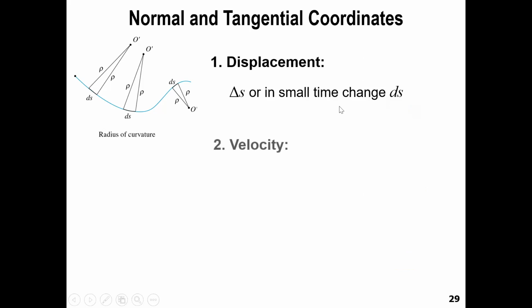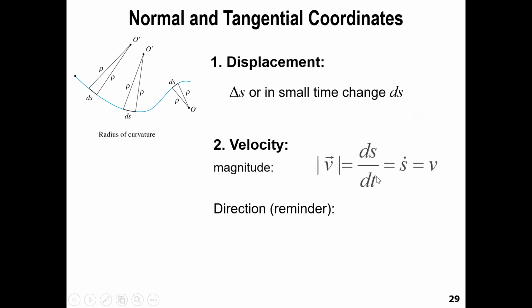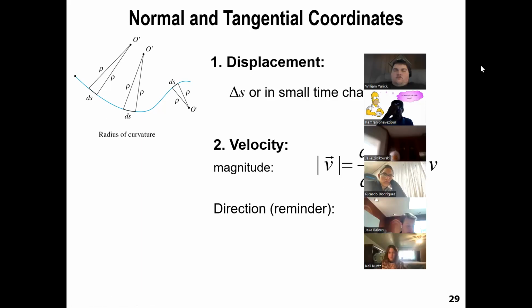The next one, velocity. If displacement is ds, the velocity is going to be ds/dt, right? Or s dot. Still, velocity is a vector, so its magnitude is ds/dt or s dot, or you can call it simply v, because we have only one component of v, tangent to the path.